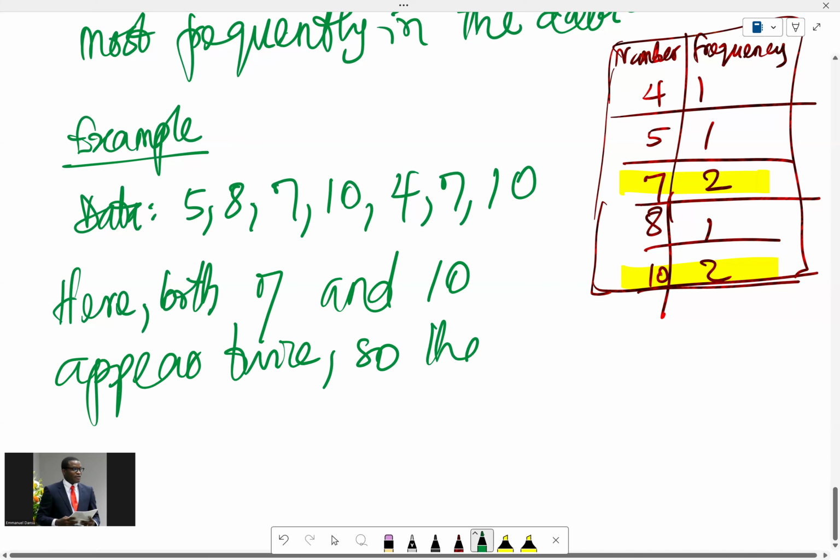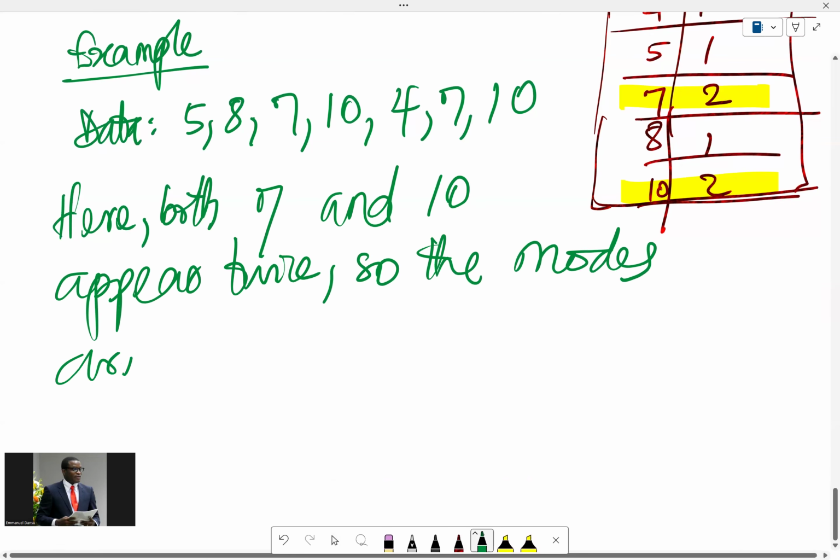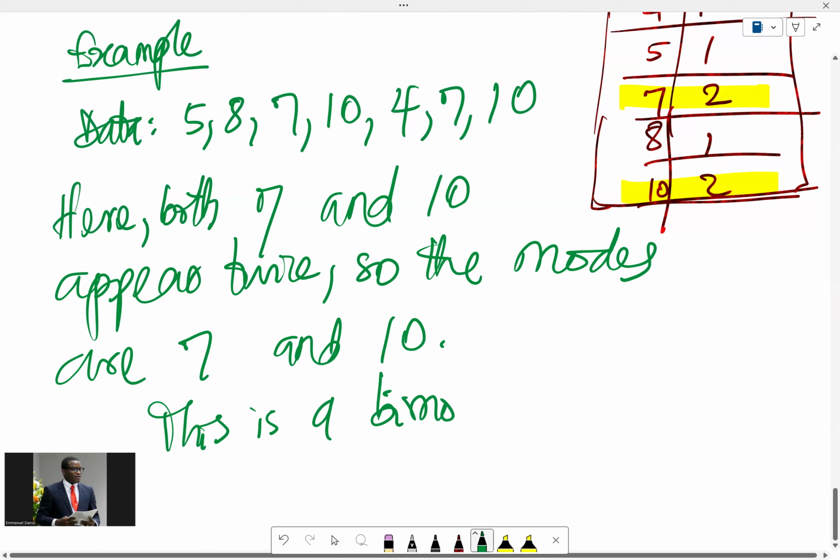So the modes are 7 and 10. So you say this is a bimodal distribution.